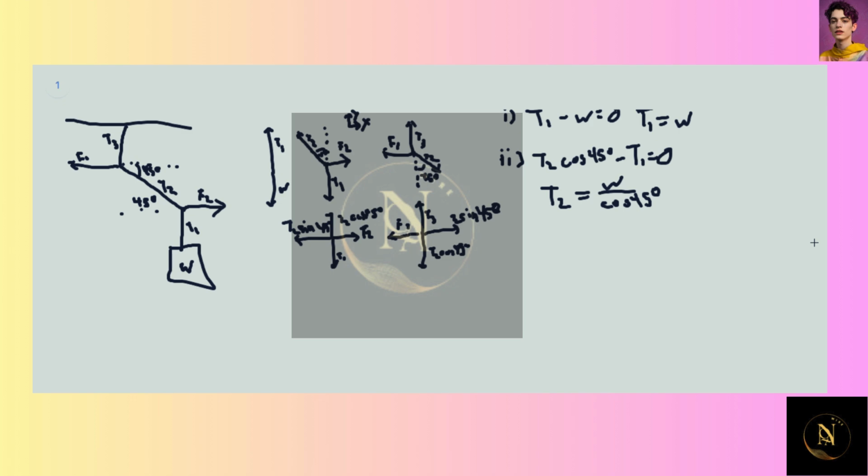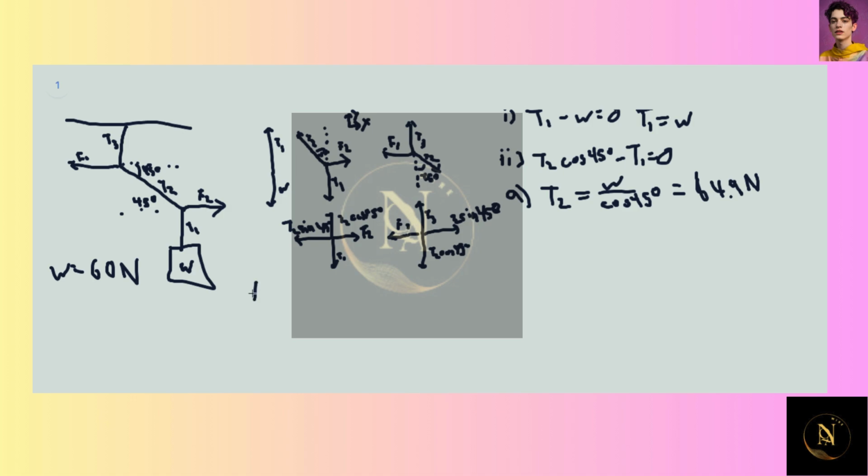And so plugging in the appropriate value for our weight here, which we're given is 60 newtons, we find that the tension along the diagonal part of the string, which we have labeled T2, is 84.9 newtons. And that is the answer to our part A.